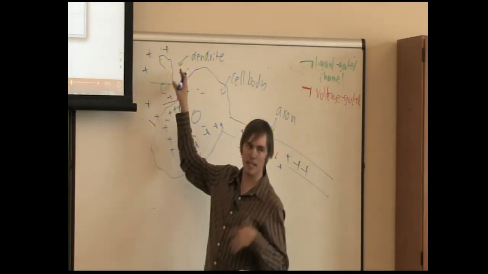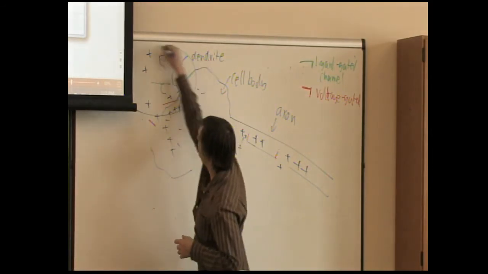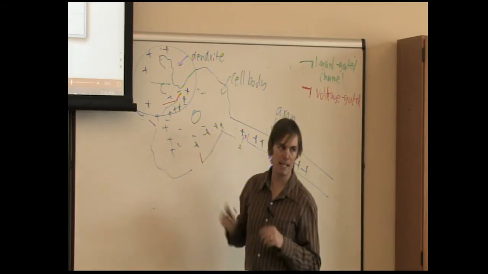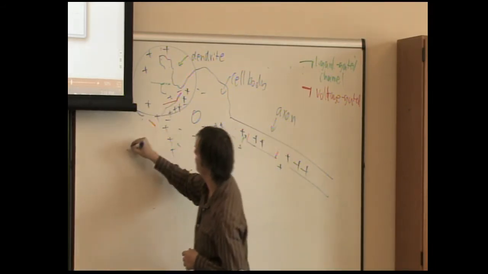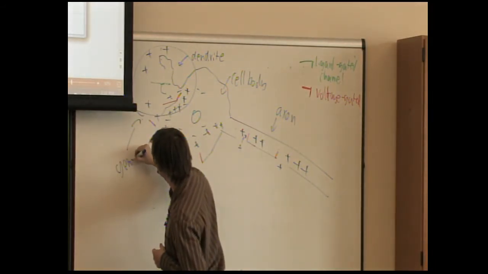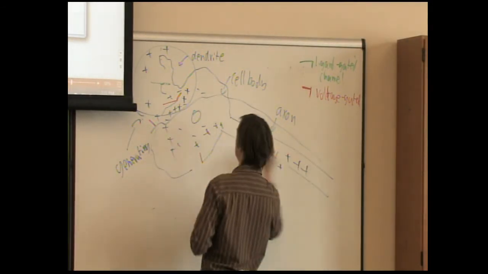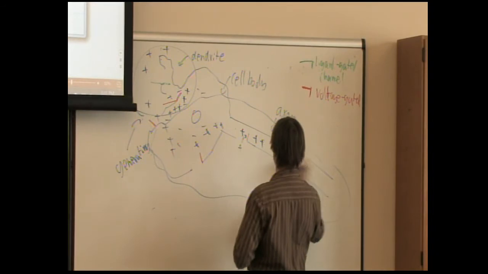And in terms of this picture, this part here is generating an action potential, and all the rest of it is propagating it. So that's the generating part, and everything else is the propagation.